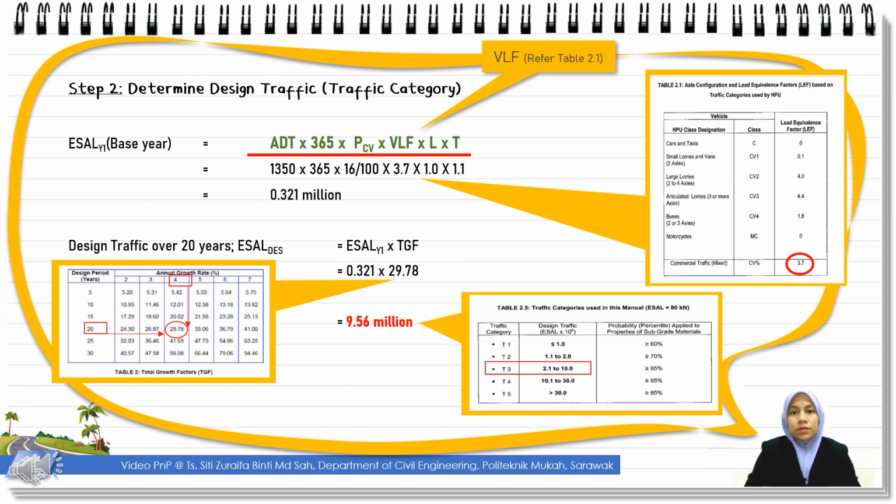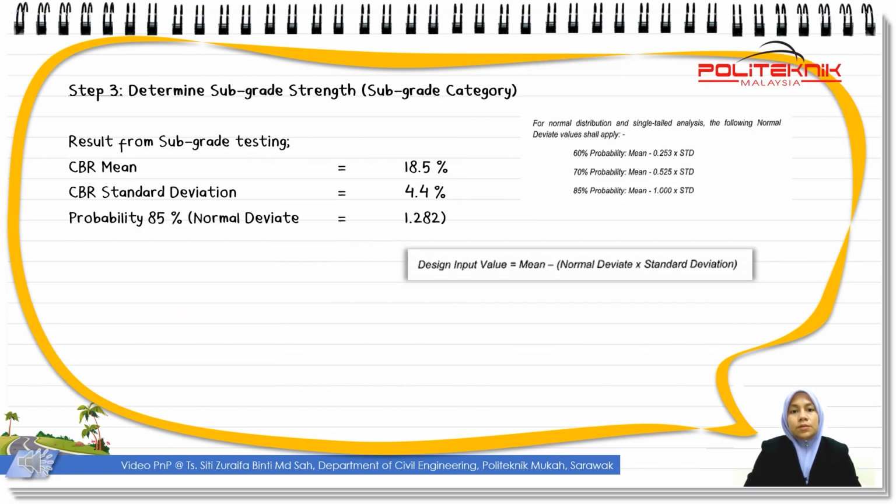Because the design traffic axle is between 2.1 and 10, the traffic category is T3. Step 3. Determine subgrade strength, subgrade category.